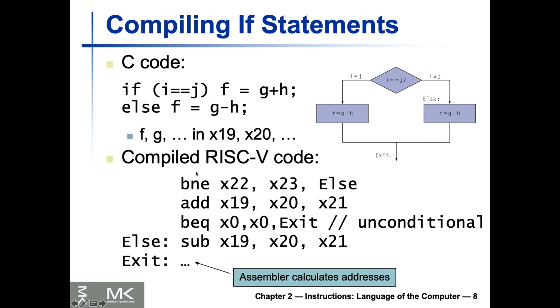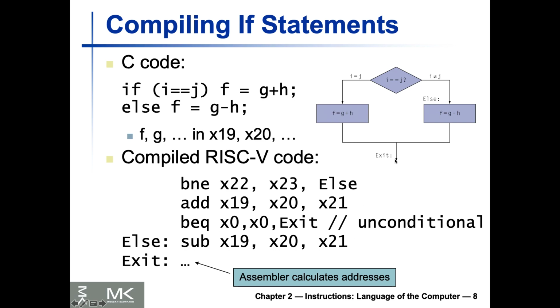So for the compilation, when we have the assembly code in RISC-V, the branch not equal will do the job for us, assuming that we are using these registers x19, x20, and so on for f and g. The result of this is going to decide whether we go to the else section, annotated here, or continue down the path one by one in the instructions we have.